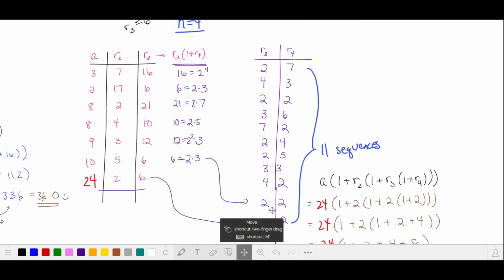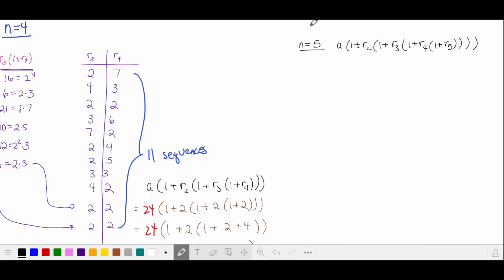Now we'll look at n equals 5. Here's our expression. Let's compare it to the one for n equals 4. And again, we're going to replace our old R4 with the product of two numbers that are greater than or equal to 2, which means we can use R4 from n equals 4 such that R4 is not prime and R4 is greater than or equal to 6.